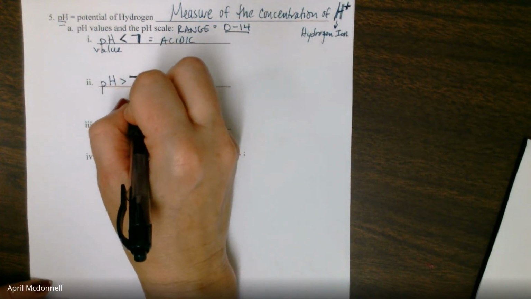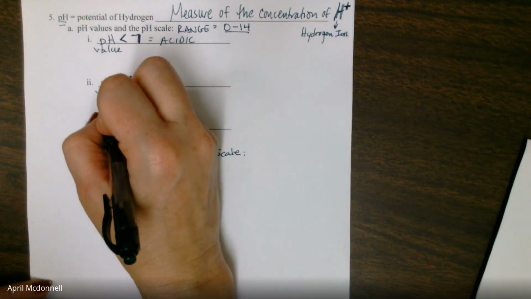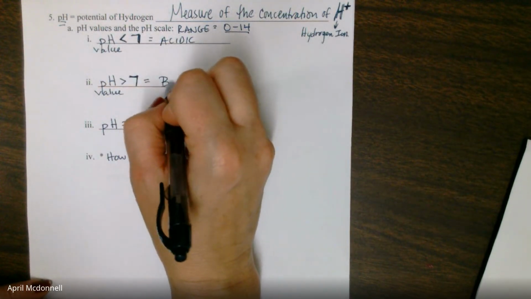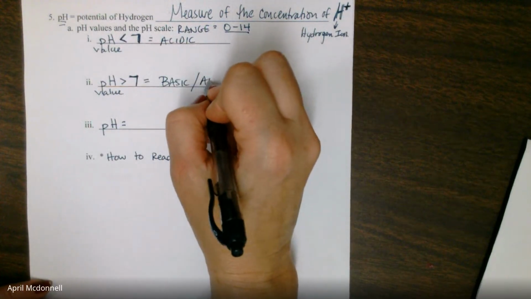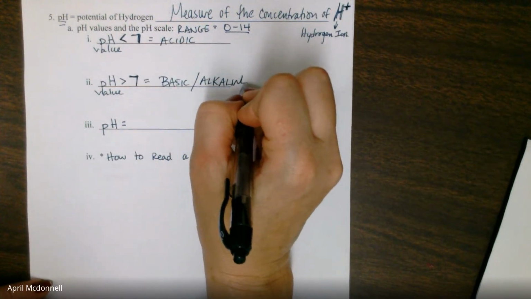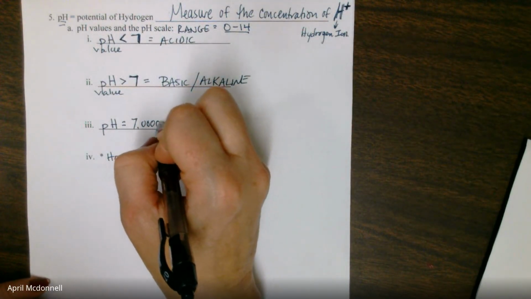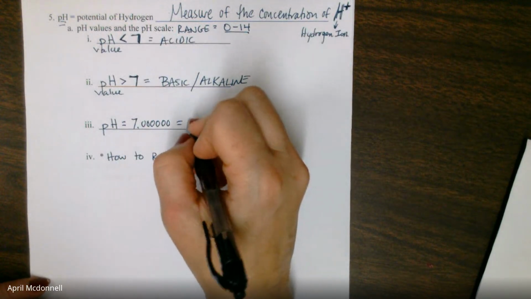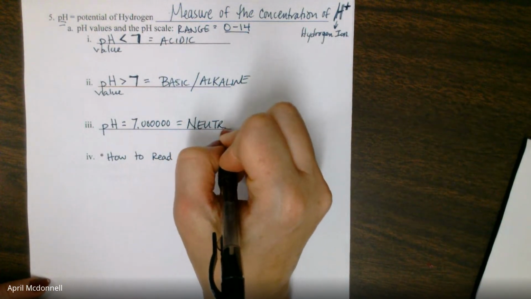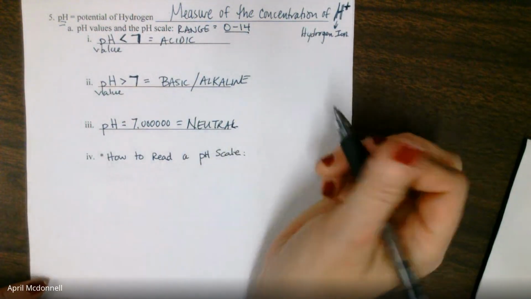A pH value greater than 7 is going to be something that we call basic or alkaline. A pH value exactly equal to 7.000 is what we call a neutral substance.